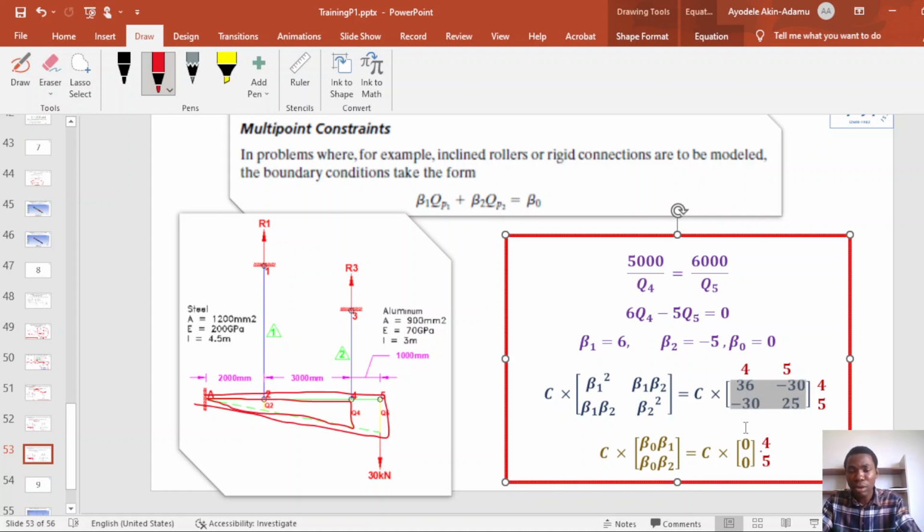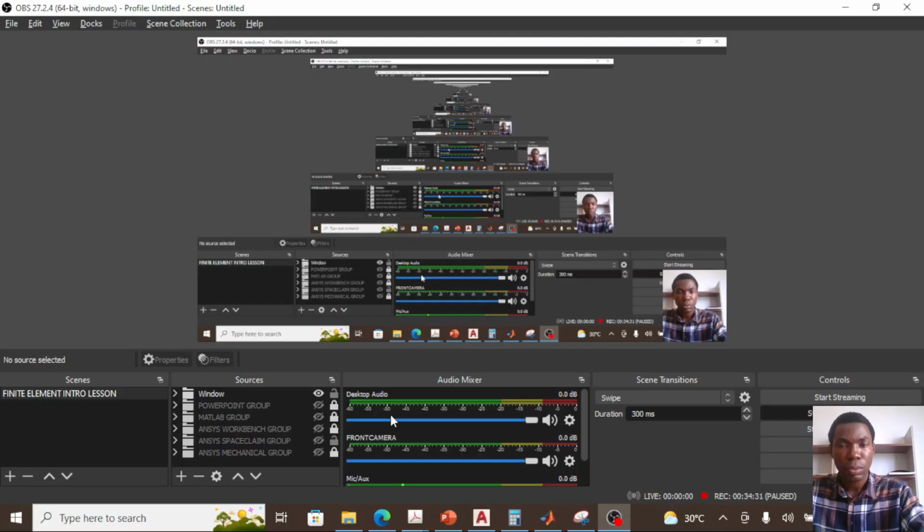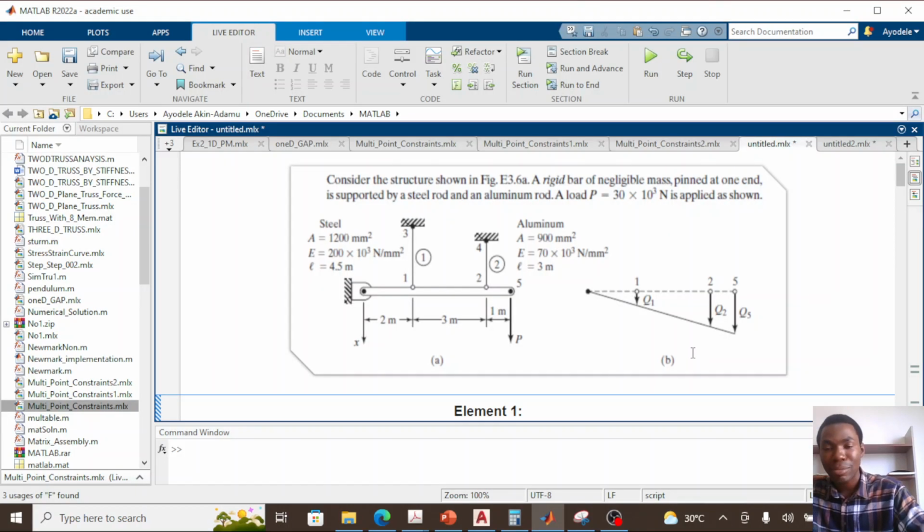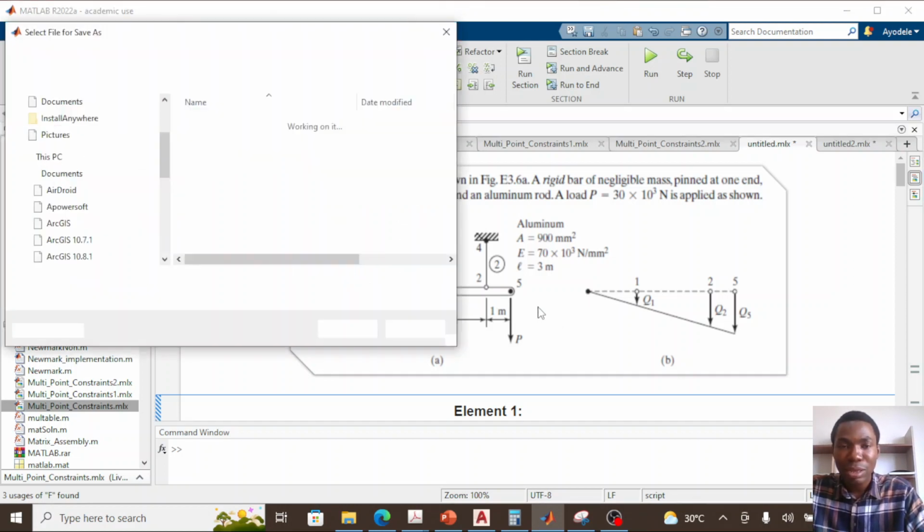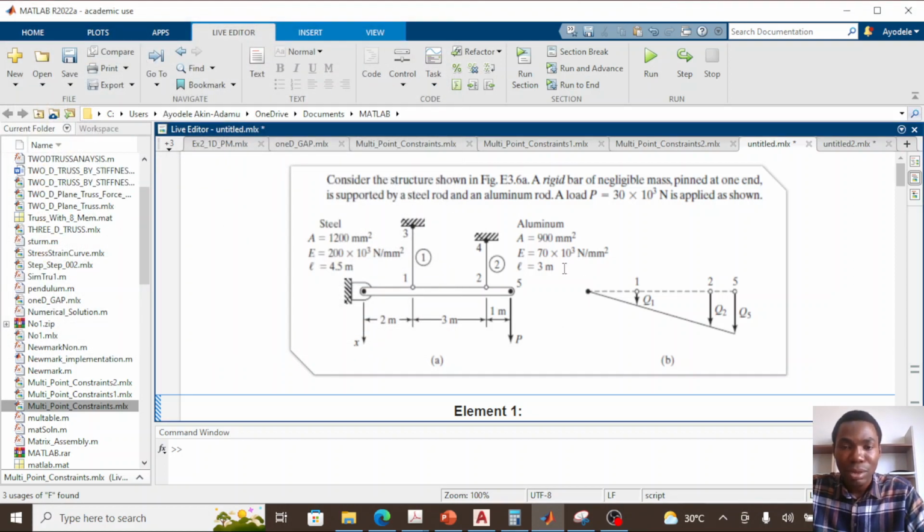I'm going to move to the MATLAB working environment now to show you a practical explanation of this multi-point constraint model. So now I'm on the MATLAB working environment. This is our question. In the question, we've already defined our model with two finite elements.